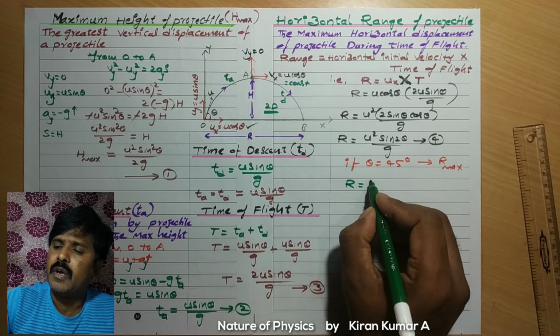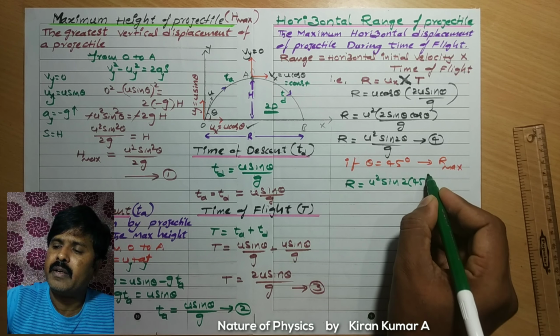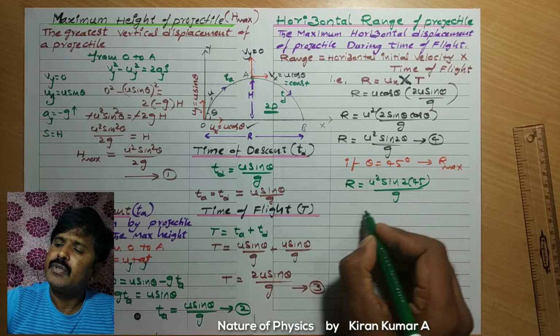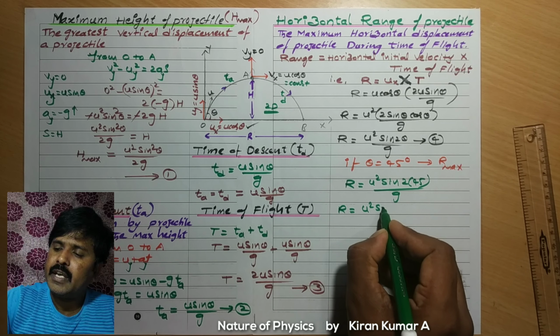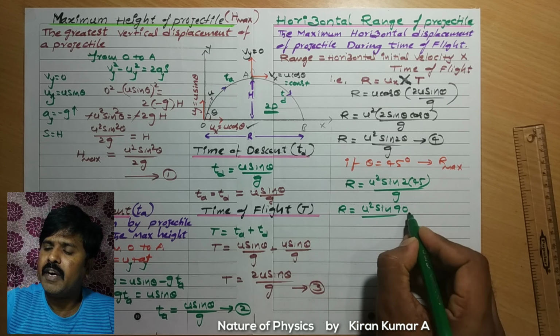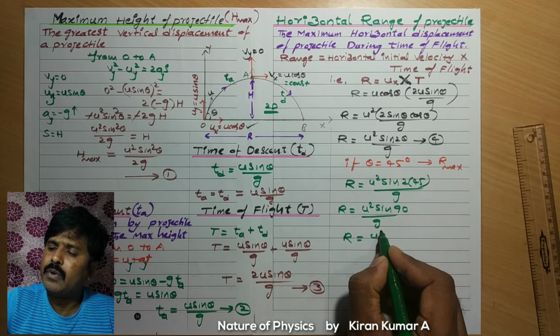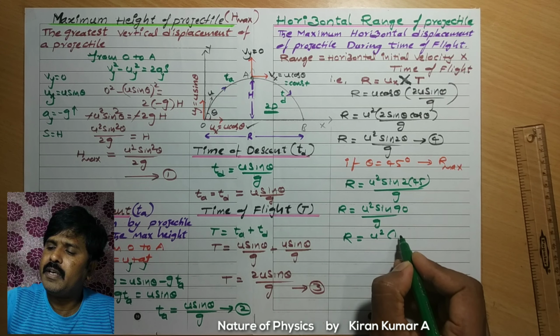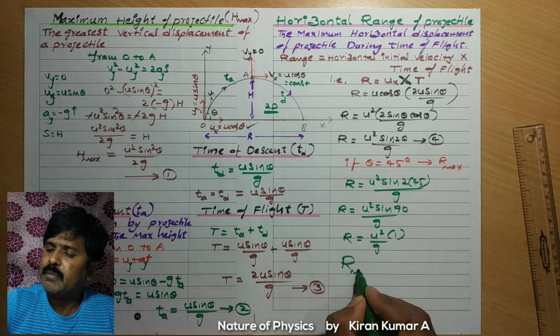R is equal to u square sin 2 into 45, student, divided by g. So R is equal to u square sin into 2 into 45, that is sin 90, divided by g, student. So horizontal range is equal to u square sin 90, which is equal to 1, divided by g. So now the range is maximum, student.